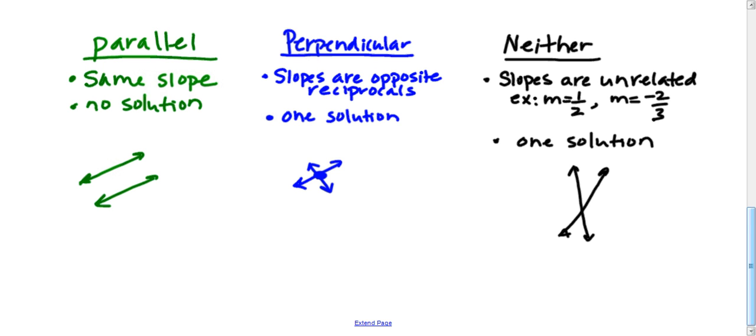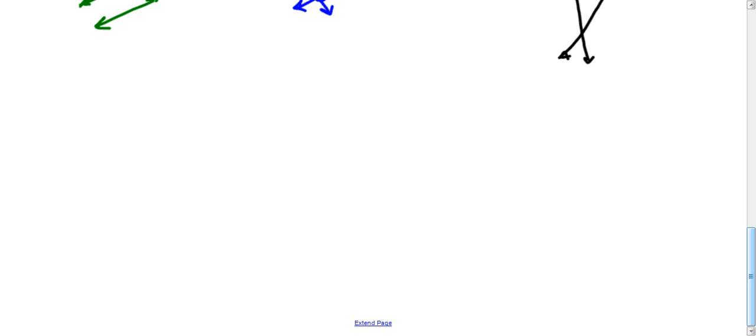And then the last thing that sometimes can happen is you end up, when you find your two lines, with the same line. And what that means is that you have lines that go on top of each other like this.